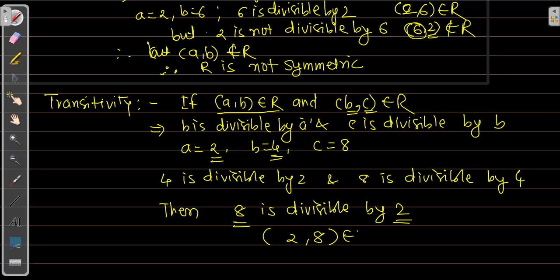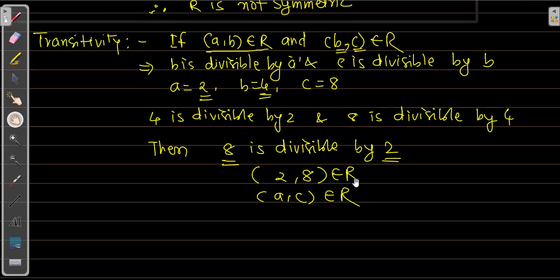This ordered pair also belongs to R. That means (A, C) belongs to R. We started with the ordered pair (A, B) belongs to R, the ordered pair (B, C) belongs to R, and then we have proved that the ordered pair (A, C) belongs to R. Therefore, R is a transitive relation.